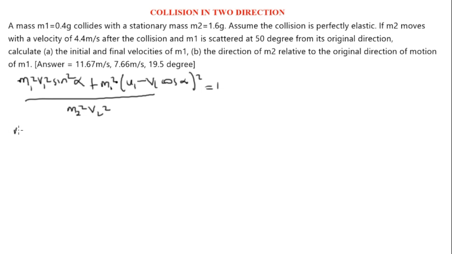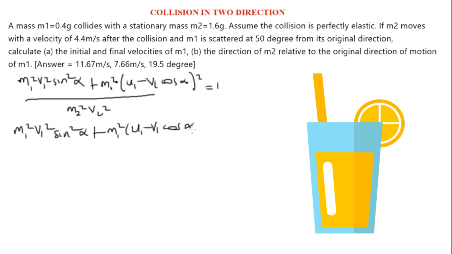So I will eventually have m1 squared v1 squared sine squared alpha plus m1 squared times u1 minus v1 cos alpha all squared equal to m2 squared v2 squared.